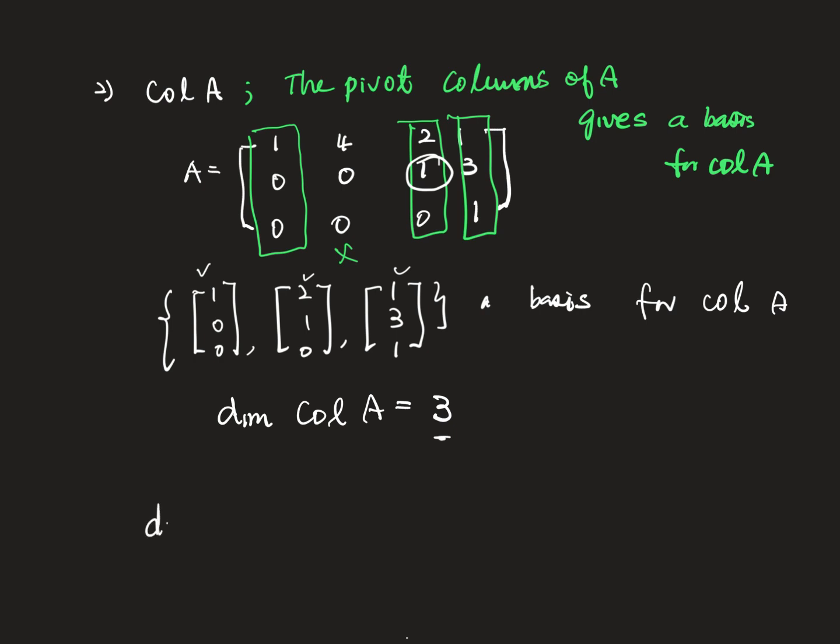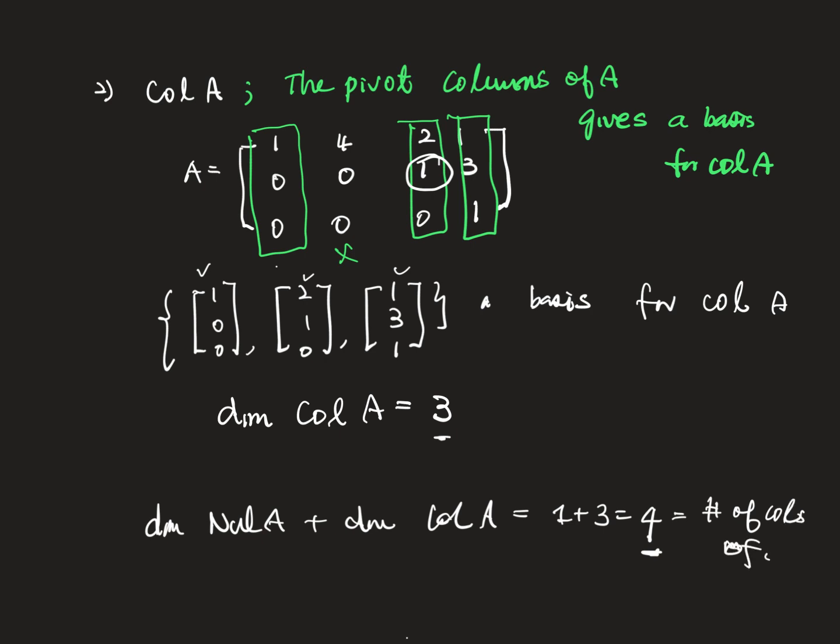Add together the dimension of null space of A plus the dimension of column space of A: 1 plus 3 is 4. What is getting 4? How many columns here? Here is matrix A, 1, 2, 3, 4. That's exactly the number of columns of matrix A.